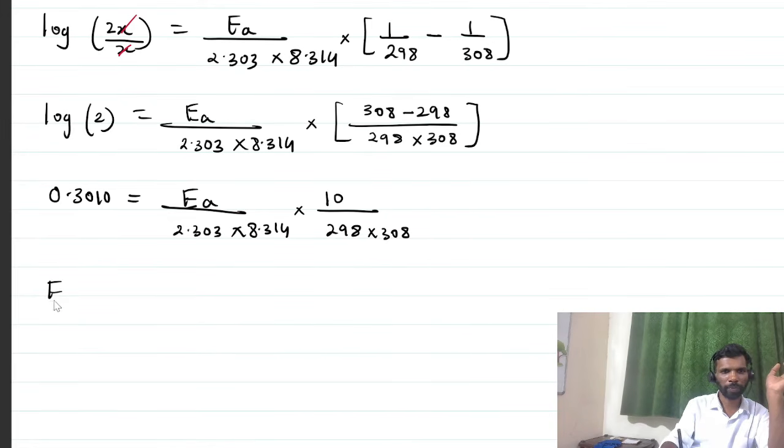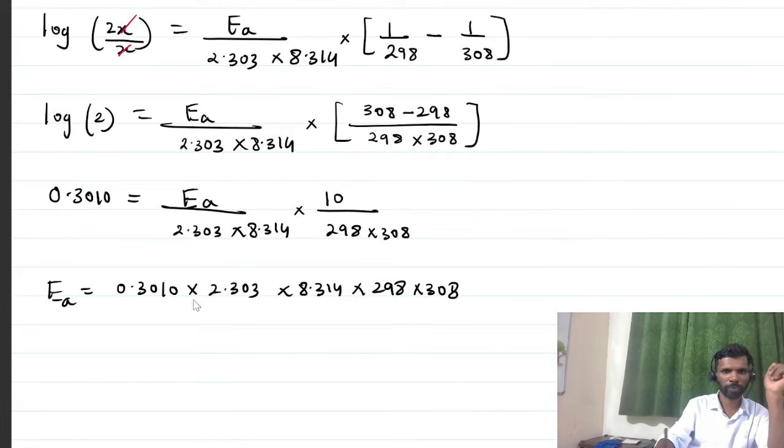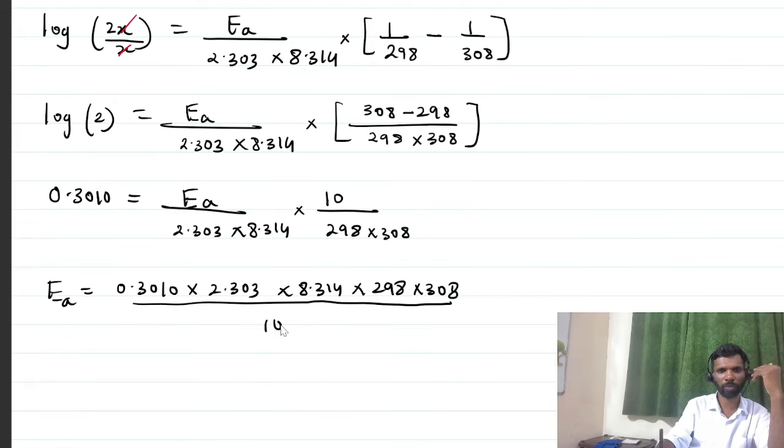I'll tell you the unit of EA later. So this is 0.3010 over 2.303 into 8.314 into 298 into 308. Such a long multiplication you should handle by using logs. That is quicker. Find the log of each of these, add the logs, and then find the antilog.